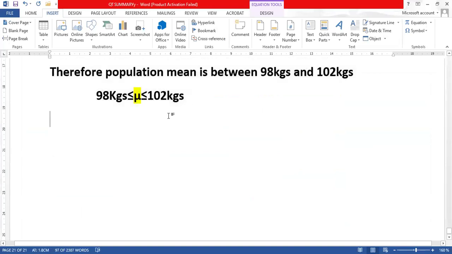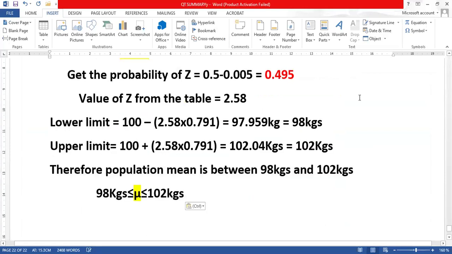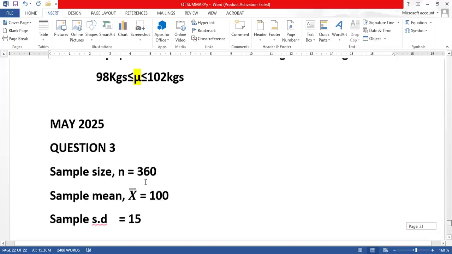This is May 2025, question 3. So if I copy and paste here, I just change. The sample size in this question is what? 100. Are you seeing the screen?